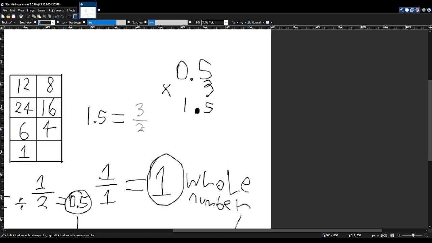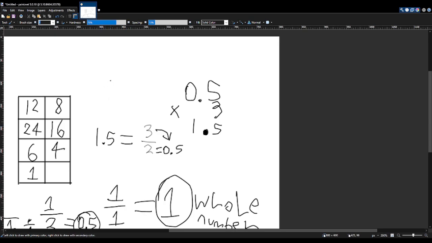Since you already got what this means, 0.5, you're going to multiply this to get what this entire fraction means. There's nothing there, so you don't even need to count this.